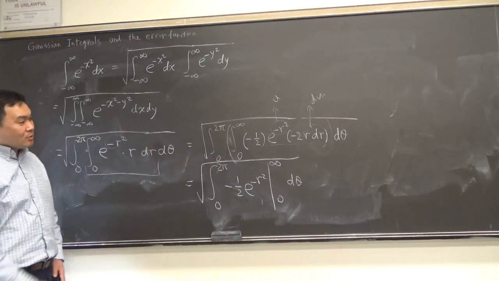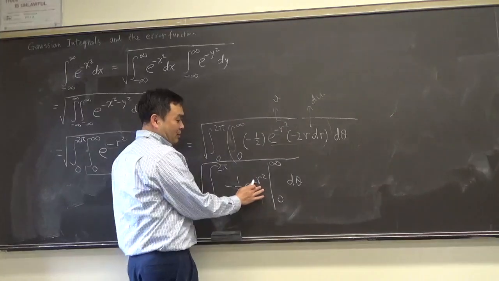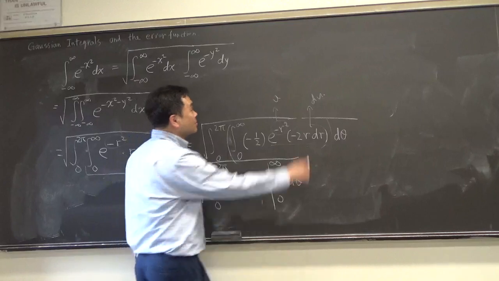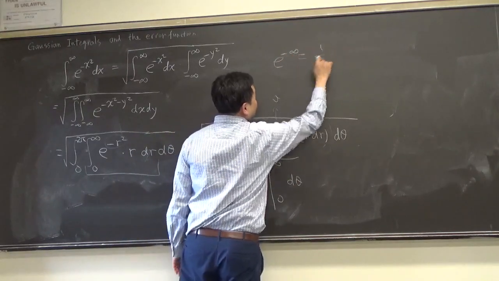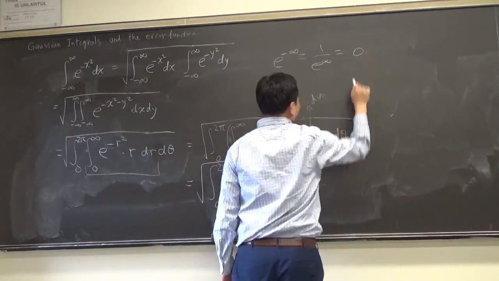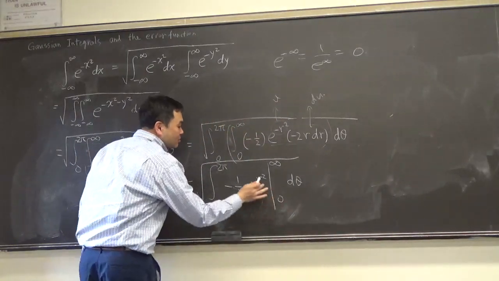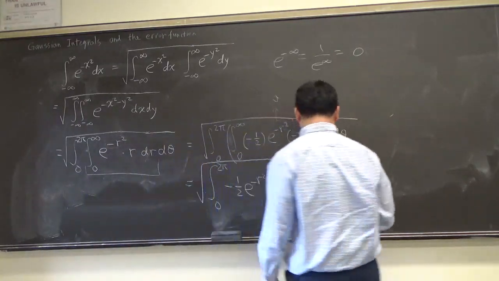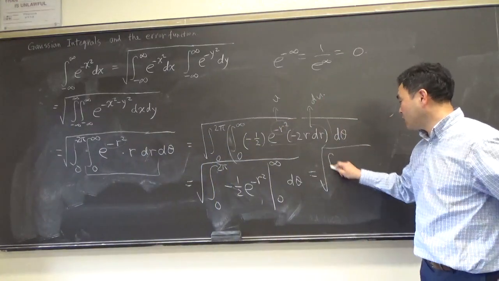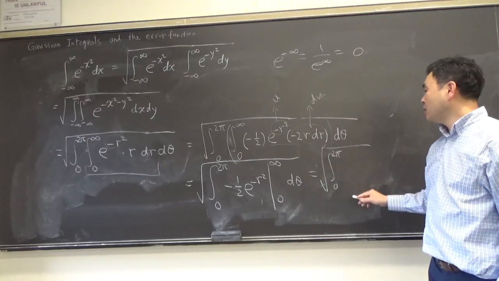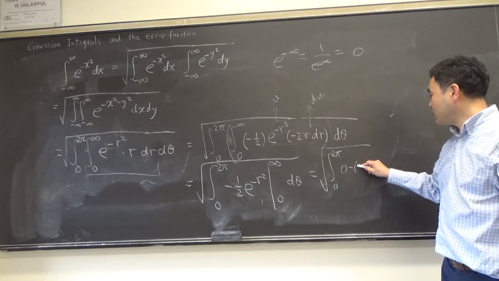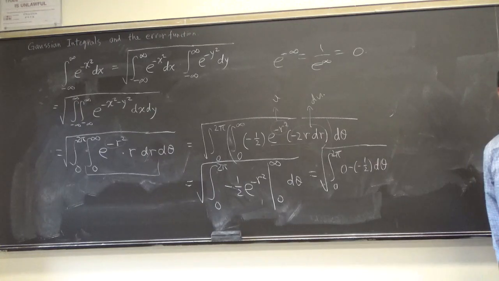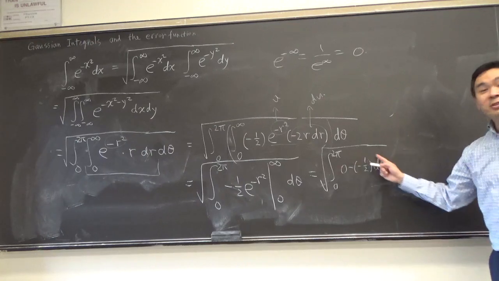Now, when you plug in infinity, what do you get? What's e to the negative infinity? 0. e to the negative infinity is 1 over e to the infinity, which is 0. When you plug in 0, what do you get? 1, but there's a negative 1/2 in front. So you get the integral from 0 to 2 pi of 0 minus negative 1/2, so that's just 1/2.